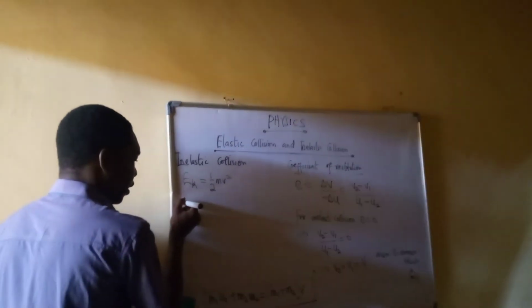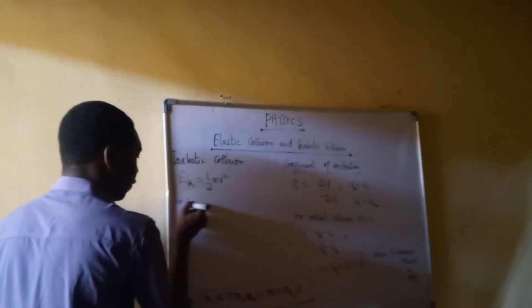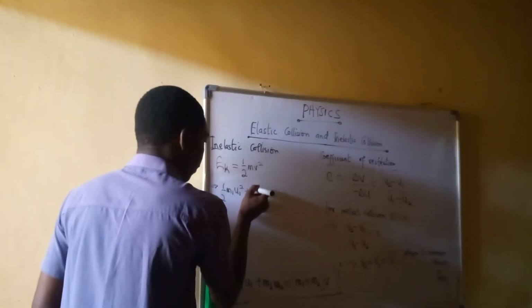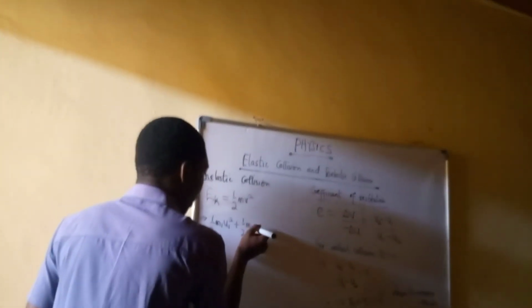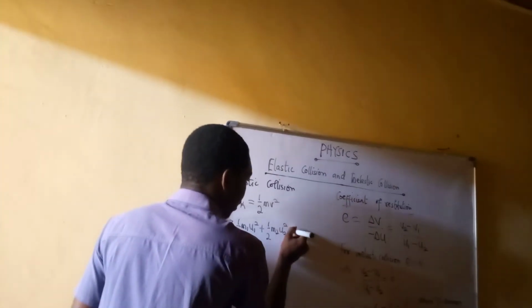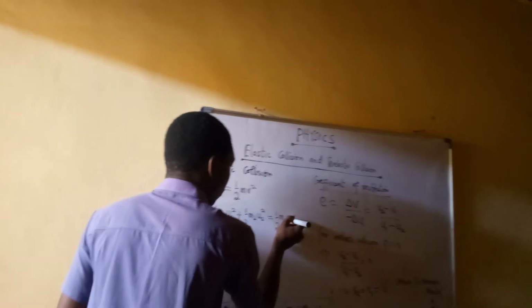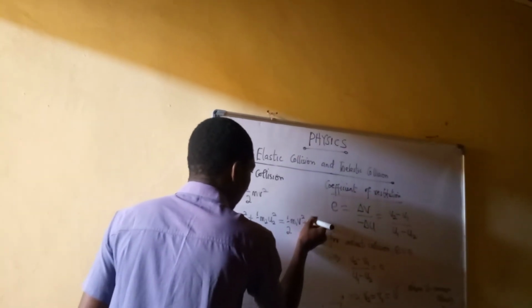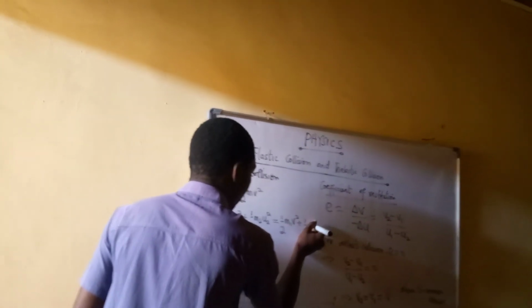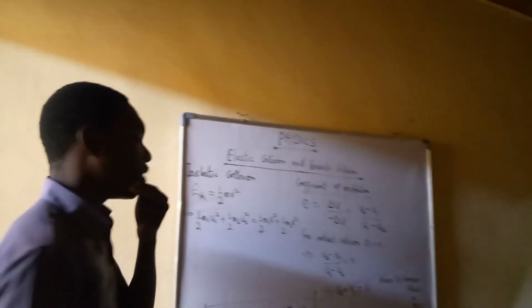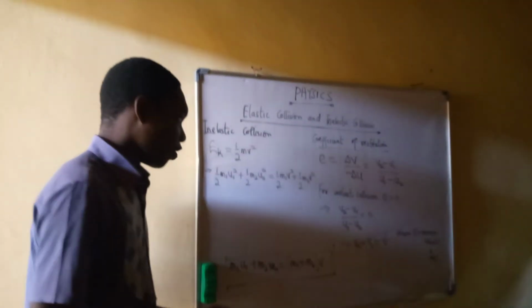What you're going to have is half m1 u1 squared plus half m2 u2 squared equals half m1 v squared plus half m2 v squared, because after the collision they are moving with the same velocity.